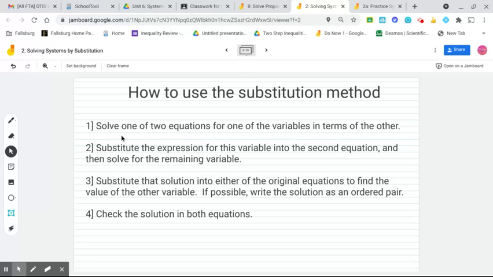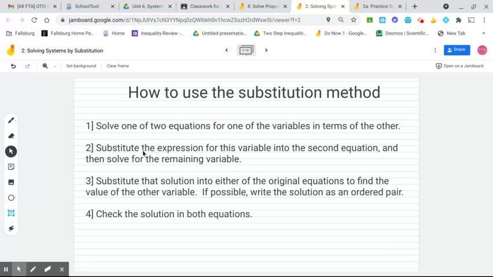The first one is we're solving one of the equations for one of the variables. It doesn't matter which variable or which equation, whichever one looks easier, solve for either x or y. Sometimes they are even given to you, x will be solved for or y will be solved for.